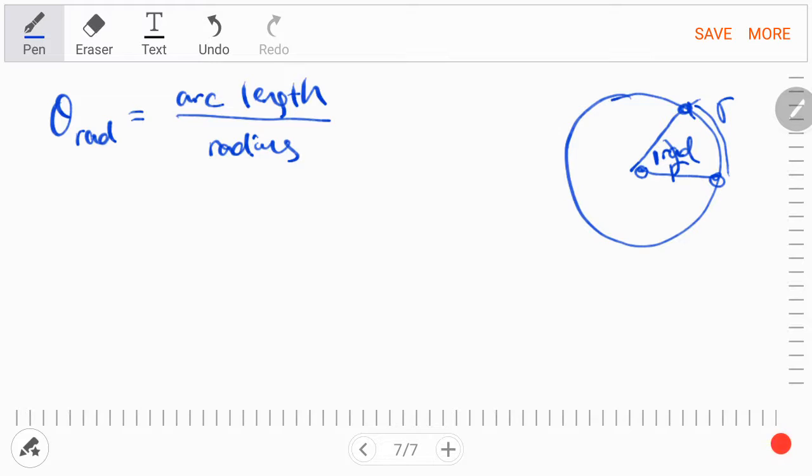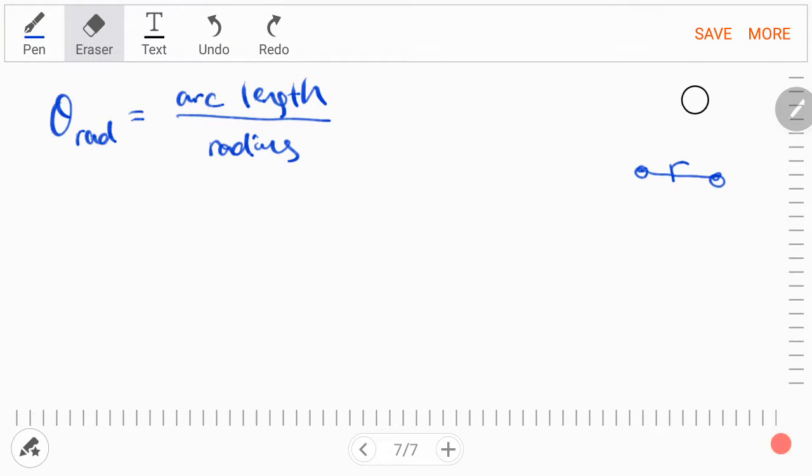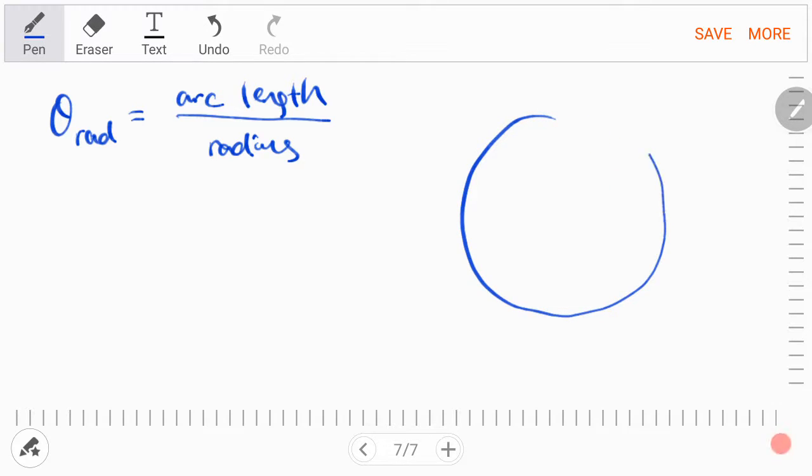But today, let's pretend that we don't know how much we've walked, but we know that we are making this 1 radian. We have this angle, but we don't know how much distance we have covered.